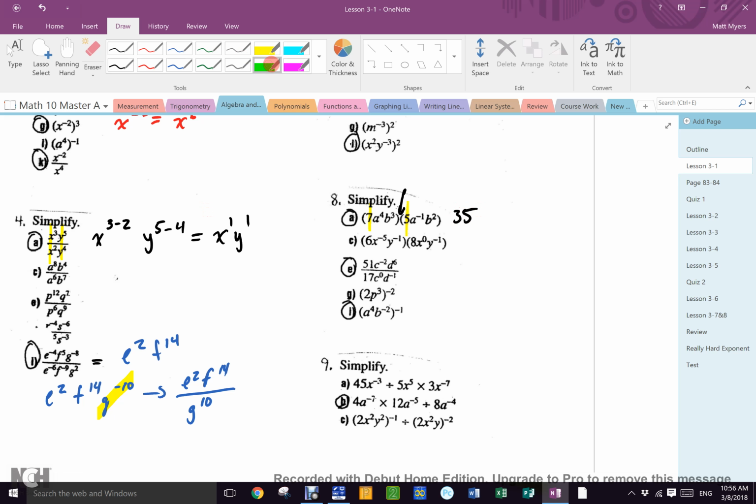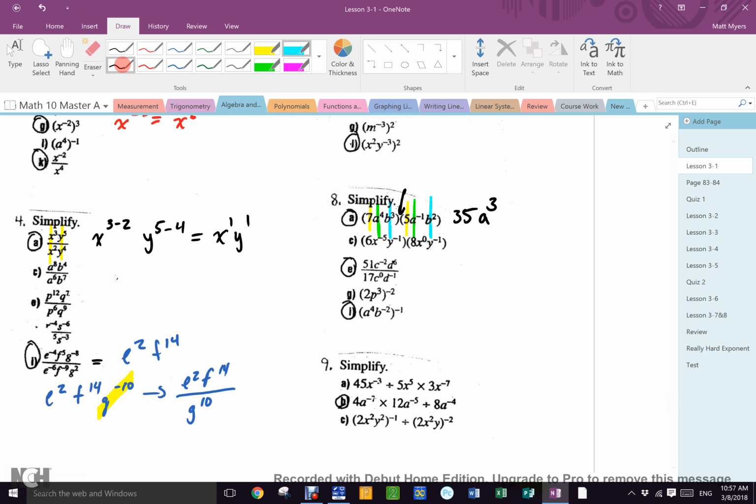What do you do with the a's? You collect them. How do you collect exponents that are being multiplied? Add them. What is 4 plus negative 1? 3. So that is a to the 3. Is that allowed? Yep. And the last one, b and b.